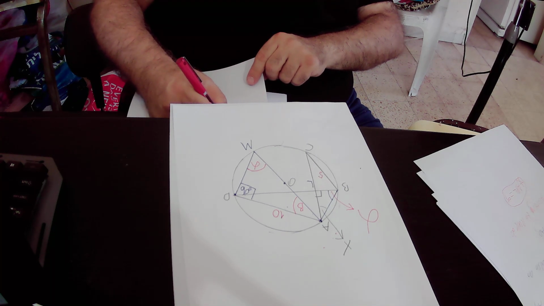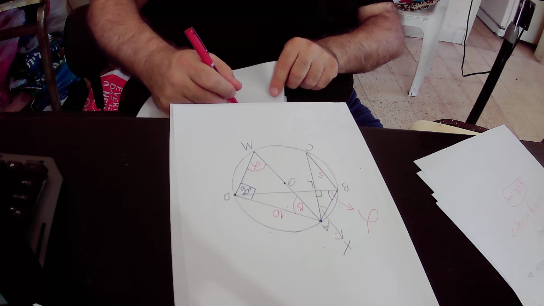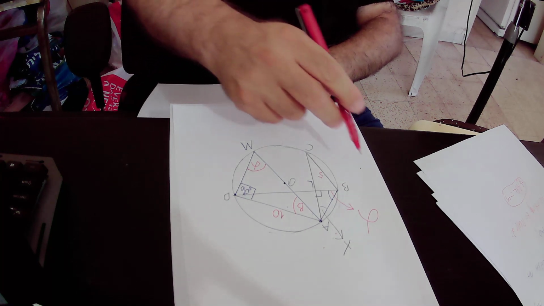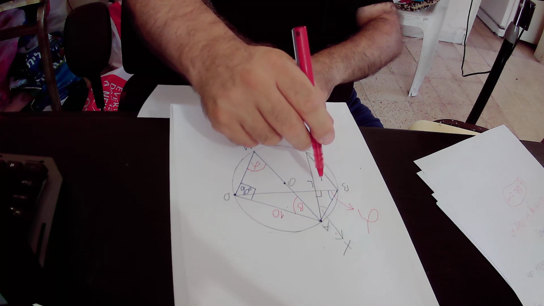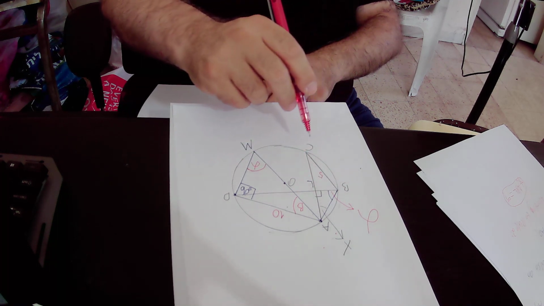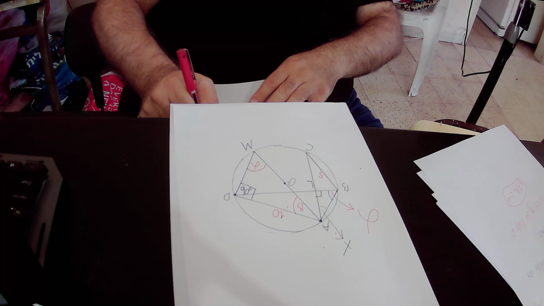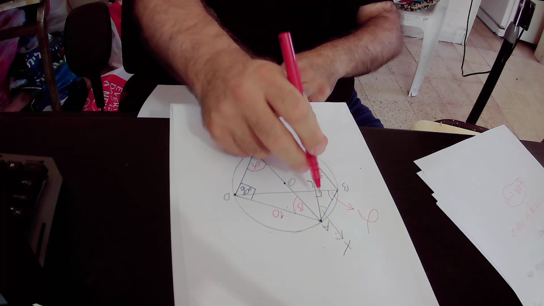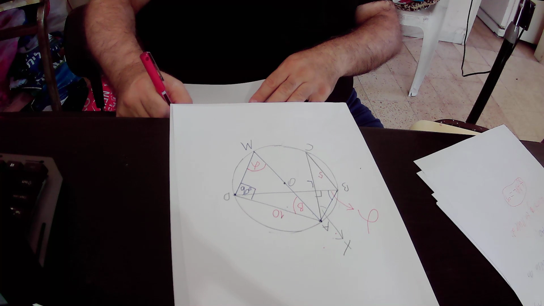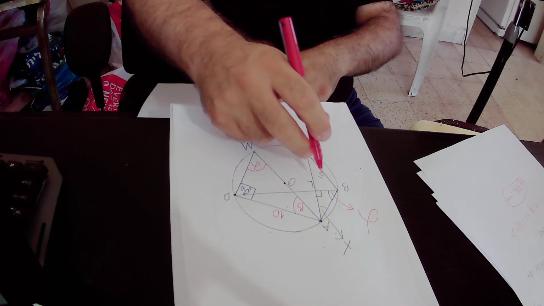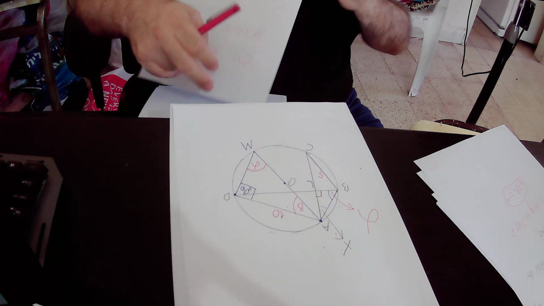This will be our second equation: alpha plus x plus 90 degrees equals 180 degrees, because in any triangle the sum of its angles equals 180 degrees.